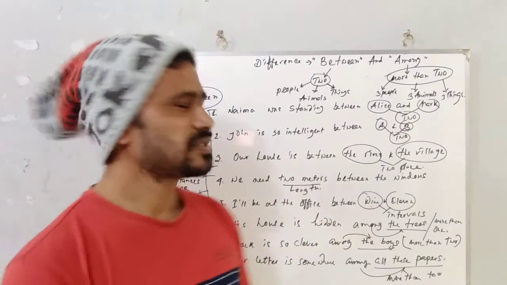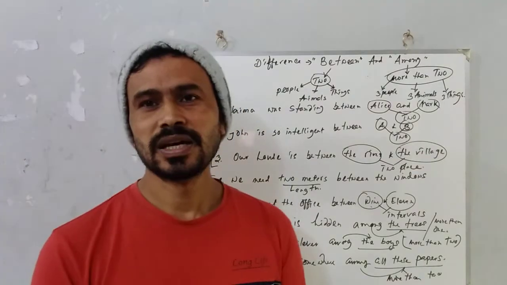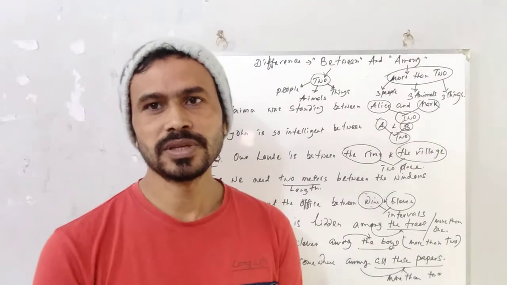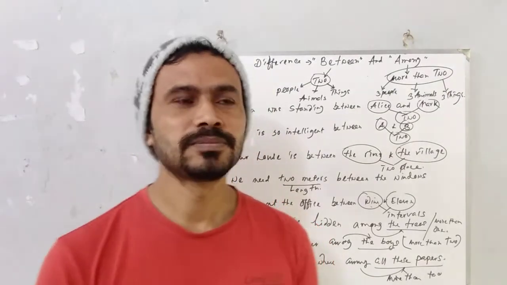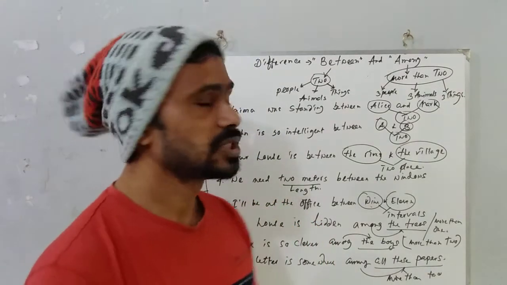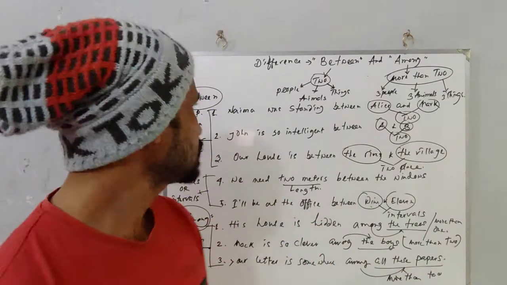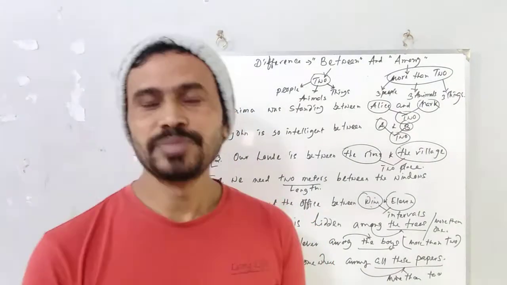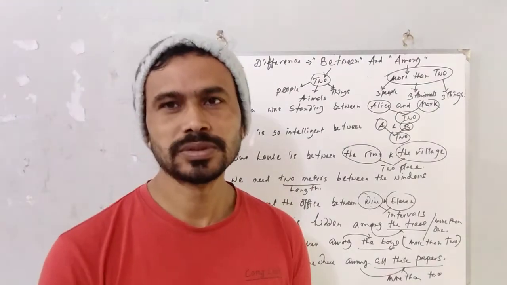So A means Jack, and B means Beaver. Two persons here. So John is so intelligent between Jack and Beaver. It could be anyone.